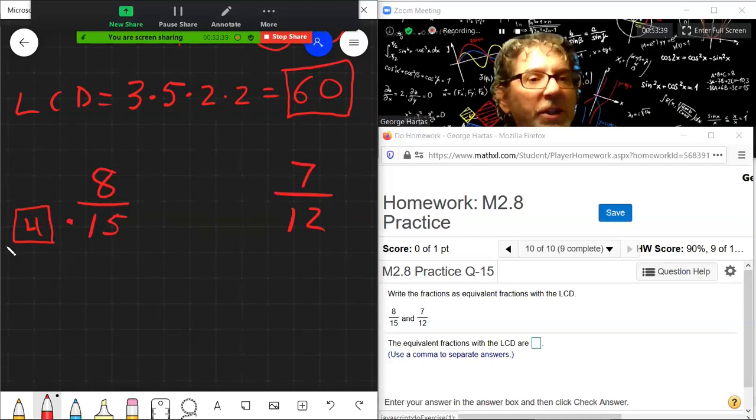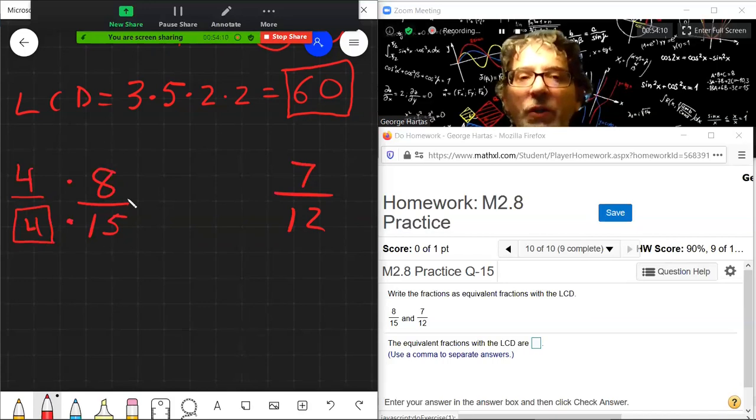Now, can we leave this just like this? No, we cannot leave it like that, because the way it is now, we just messed up the ratio if we left it like this. What we do to the bottom of the fraction, we have to do to the top to keep the same ratio. Notice that 4 over 4 is 1. So we're multiplying by a fancy version of 1.